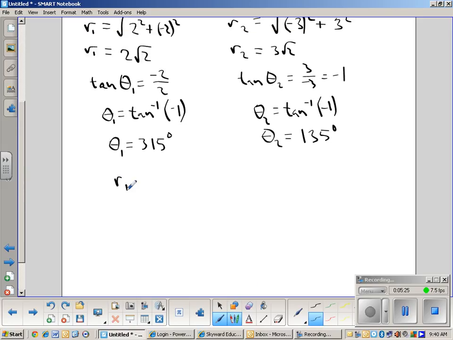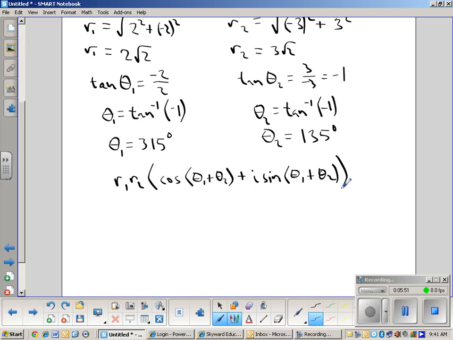It's going to be r1 r2 times cosine theta 1 plus theta 2 plus i sine theta 1 plus theta 2. Okay?